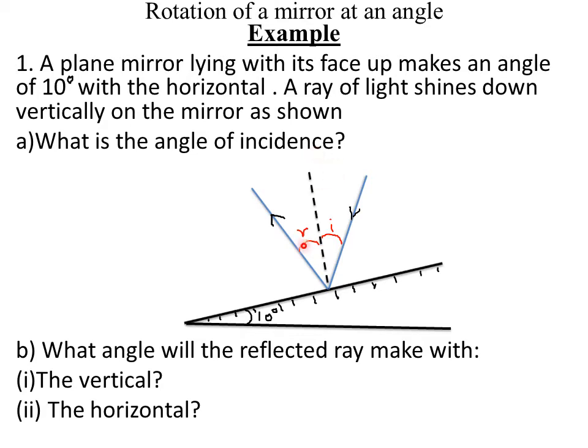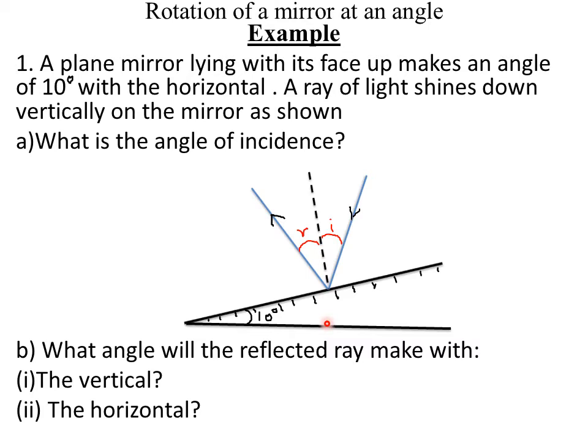If you look at this question keenly, the angle separating the horizontal surface and the plane mirror is 10 degrees. Remember, the incident ray is perpendicular to the horizontal. This is our horizontal surface, and the ray meets it at 90 degrees.